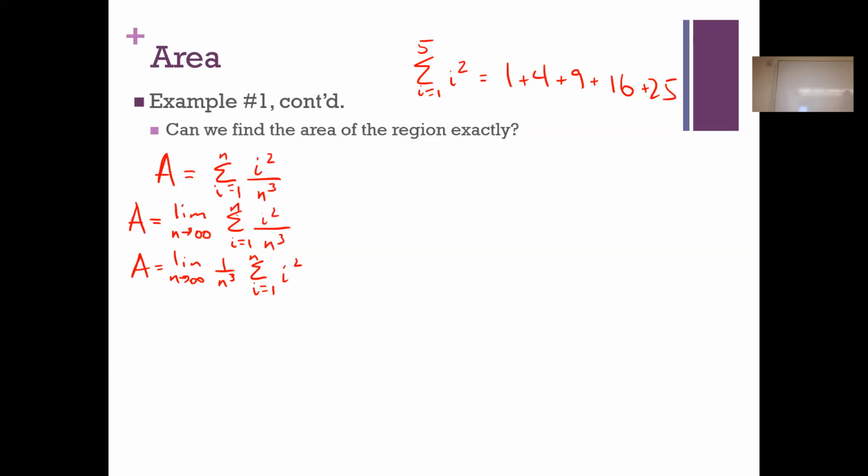Okay. This next thing I'm going to do, I'm going to ask you to take on faith. And I hope that's okay with you. Someone discovered this, that when you add the first n square numbers together, it's equivalent to this.